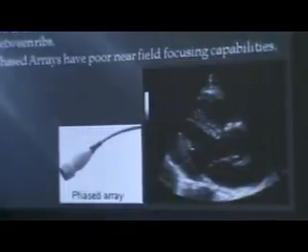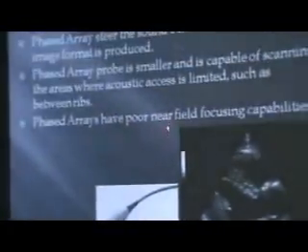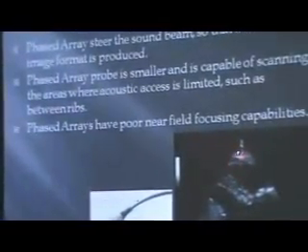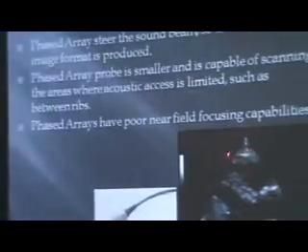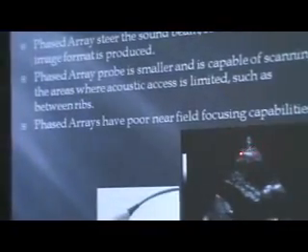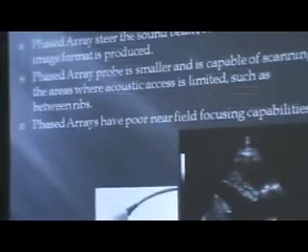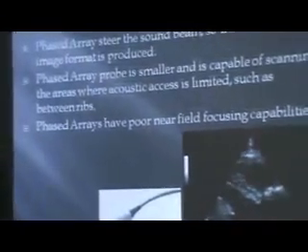So for echocardiography we use phased array transducers. The disadvantage is the poor near field vision. This is the near field, this is the far field. When we use the sector probe, the near field gives poor vision, whereas the far field gives good vision.